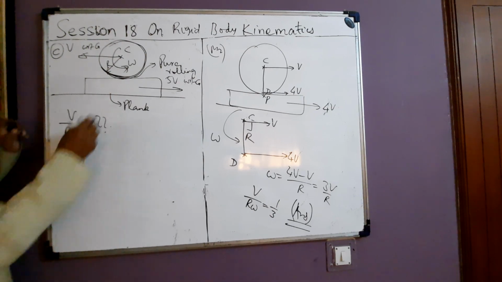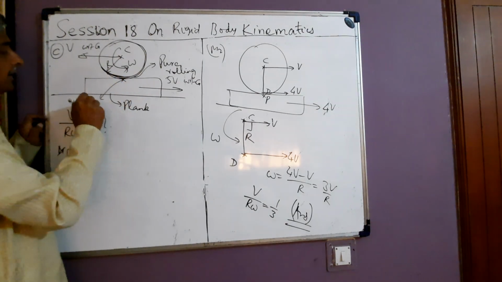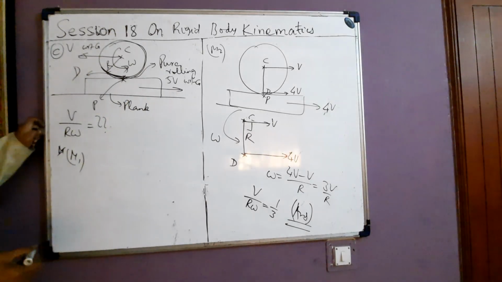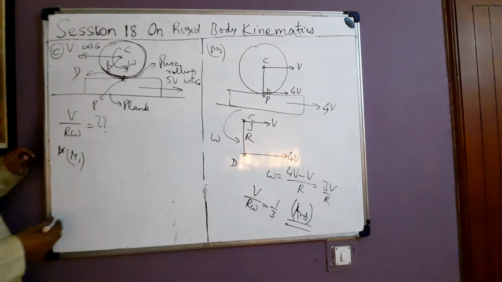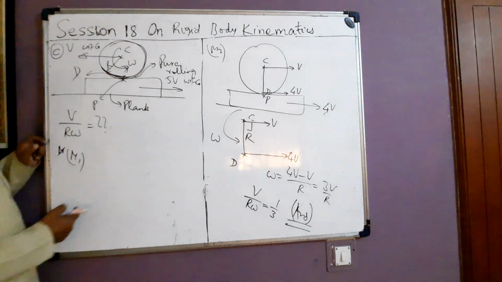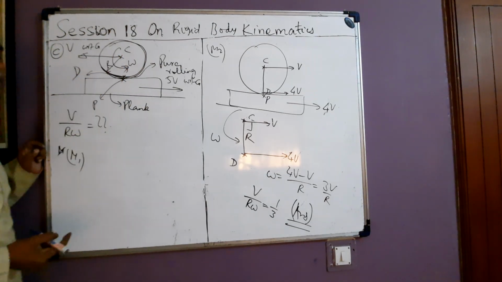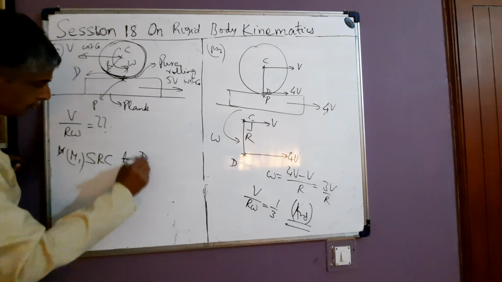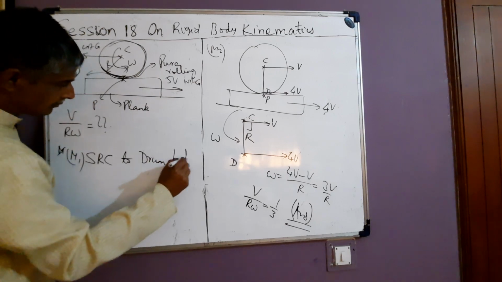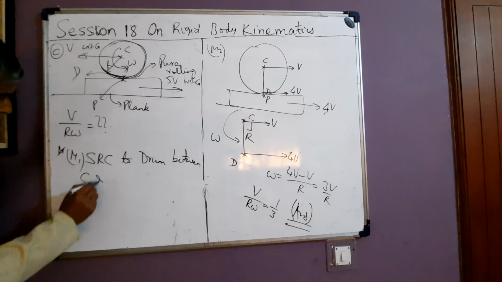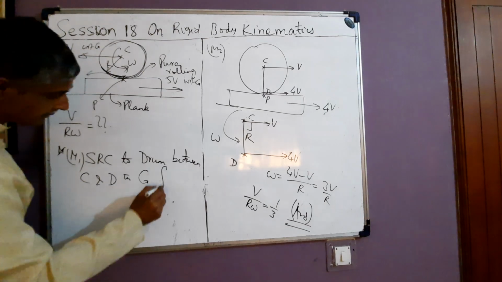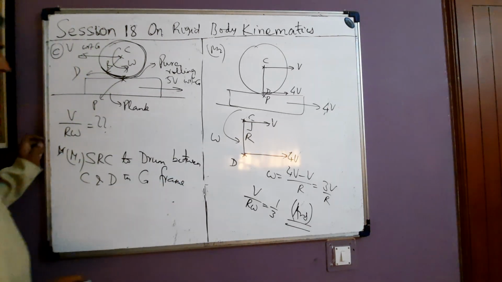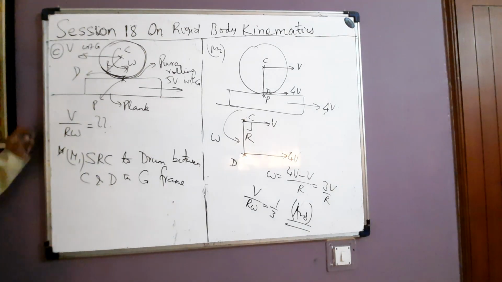But before going to method 1, this is the material point P of the plank, this is the material point D of the drum, they are in mutual contact. So method 1, we apply SRC to the drum between the point C and D in the G frame, G frame meaning ground frame.